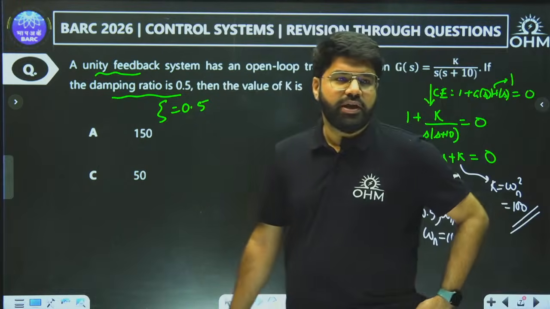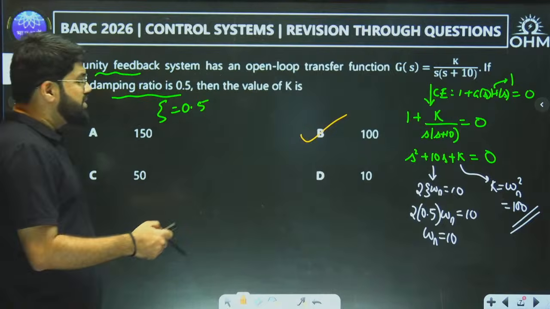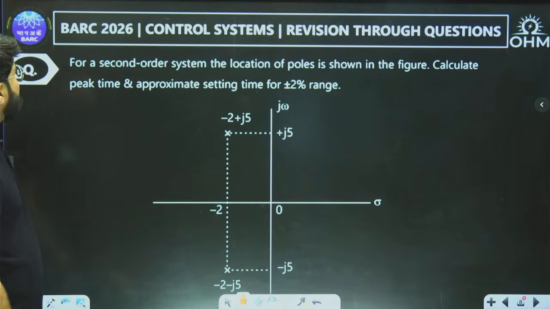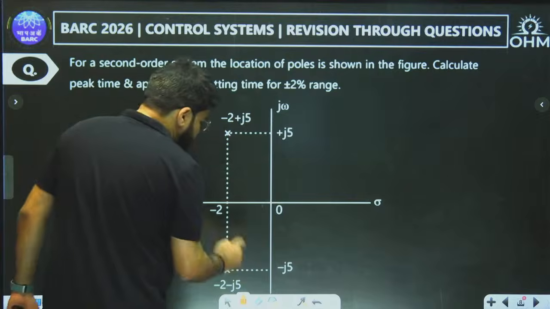Anyways, then we'll go to the next question. This was anyways done, an easy one. For the second order system, the location of poles is shown in the figure. Find the peak time and approximate settling time. Now see, complex conjugate poles are given.